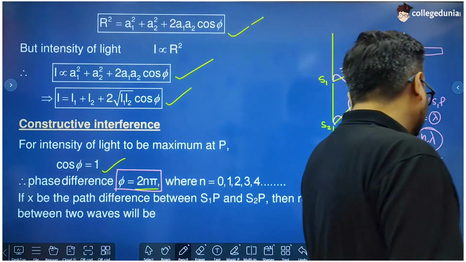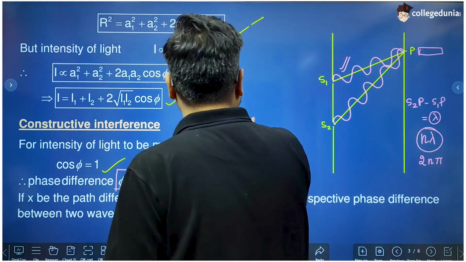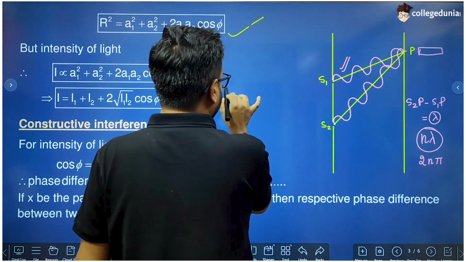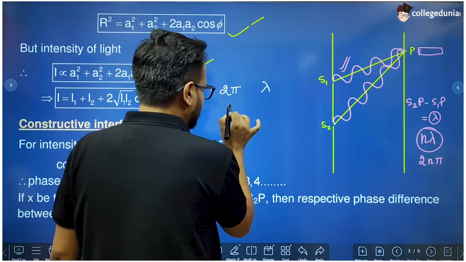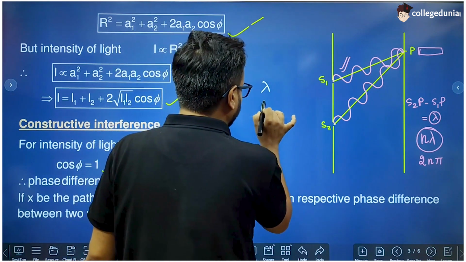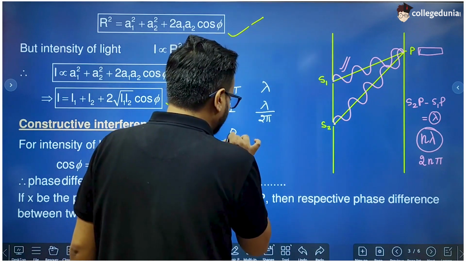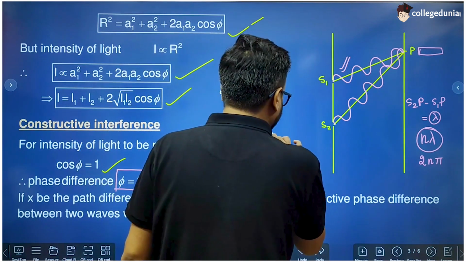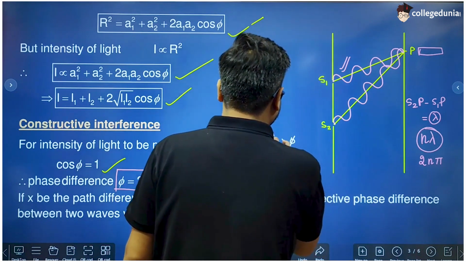The path difference is lambda. But there is a general relation between the phase difference and the path difference. Whenever the phase difference is 2 pi, the path difference is lambda. So whenever the phase difference is 1 radian, the path difference is lambda by 2 pi. And whenever the phase difference is phi, the path difference is lambda by 2 pi into phi.